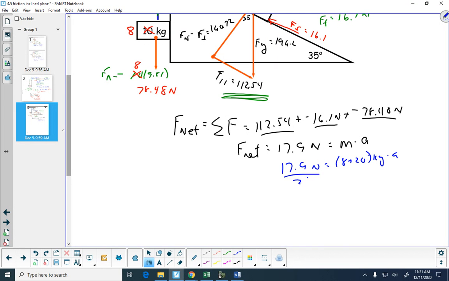So we divide by 28. We have 17.9 divided by 28, so we have 6.64 meters per second squared.